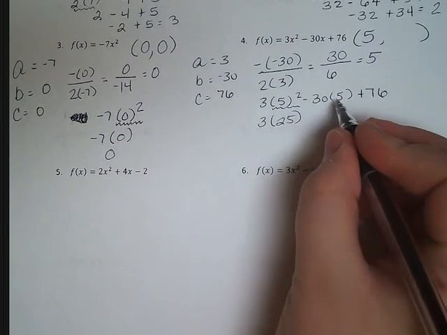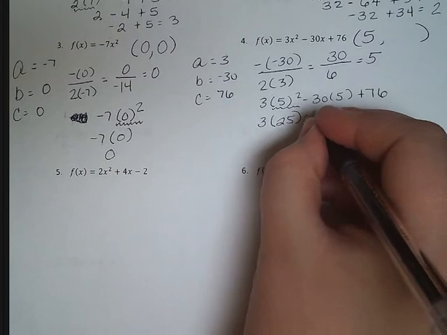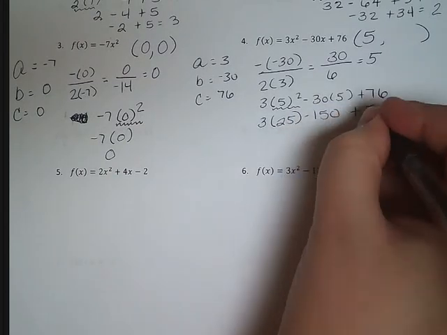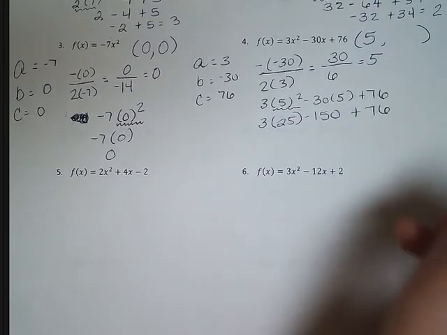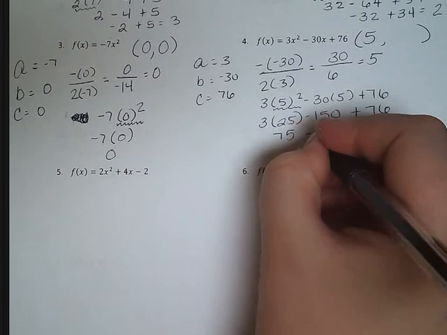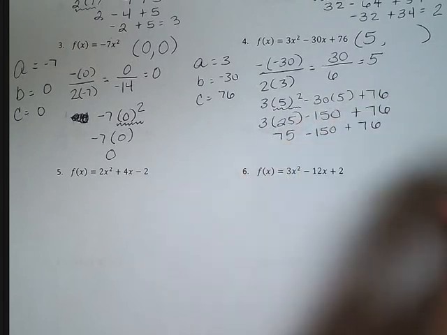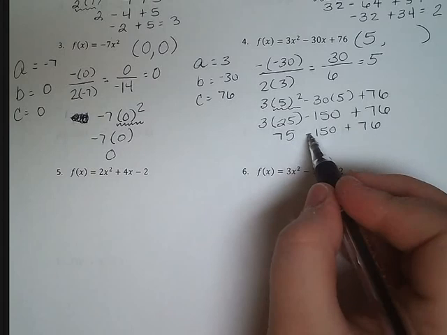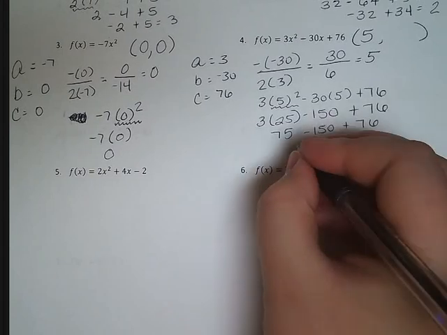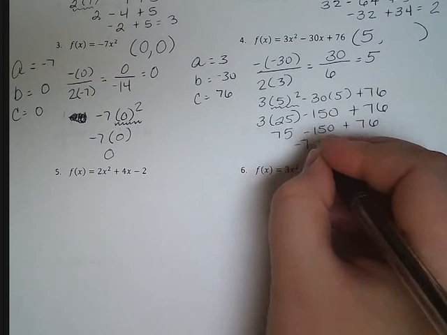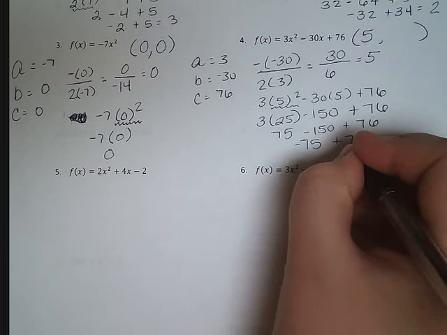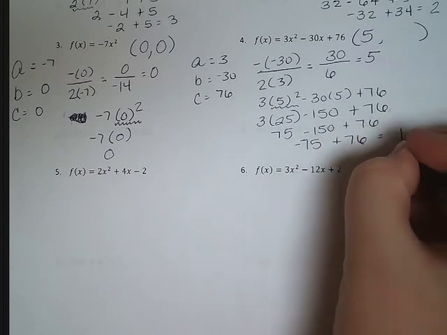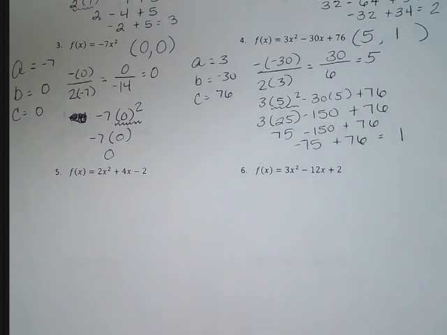Negative 30 times 5 is negative 150. 3 times 25 is 75. 75 minus 150 is negative 75. Plus 76 is going to give us a positive 1. So on number 4, you should get the ordered pair 5, 1.